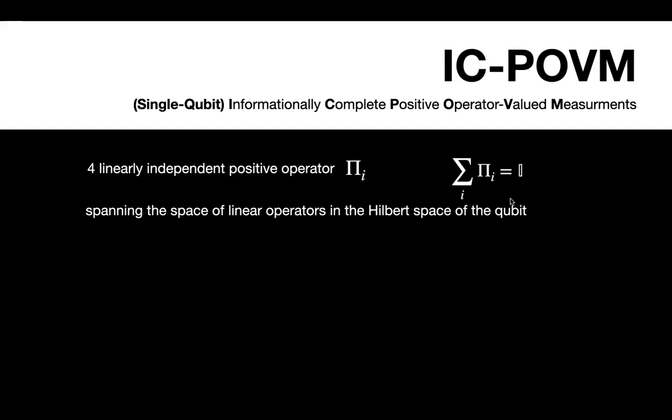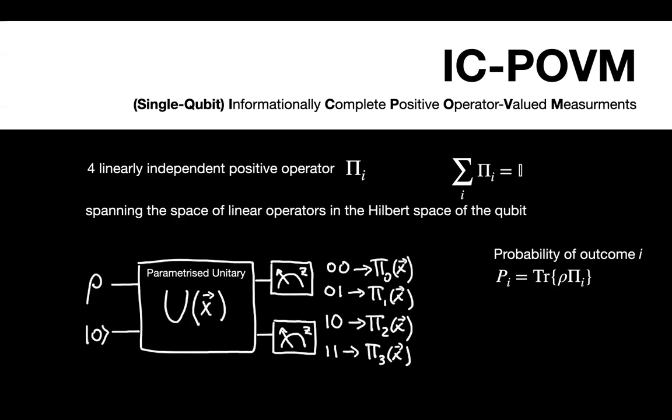We will deal with these objects, and I will indicate in the following with P_i the trace of ρ Π_i, so it's the probability of obtaining outcome i as a result of measurement Π_i.